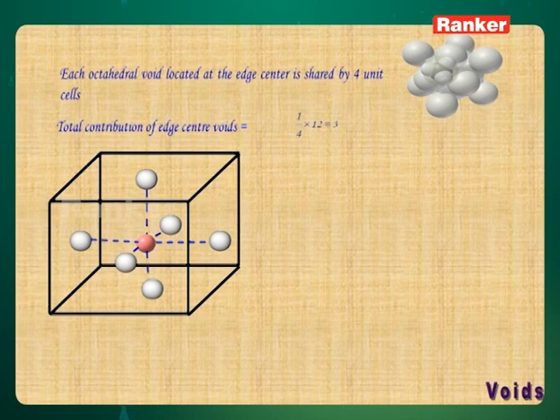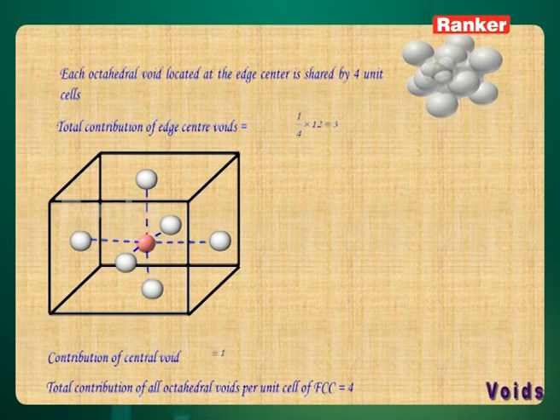So octahedral voids are formed at the edge center and body center. If you consider the edge center voids, you will have 12 edge centers. Each octahedral void contributes 1/4, so the total octahedral voids from the edge centers are 3 net contribution, and 1 is at the body center. So overall the number of octahedral voids in an FCC unit cell is 4.